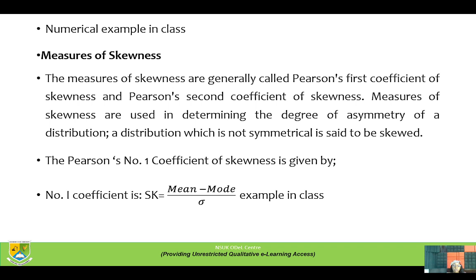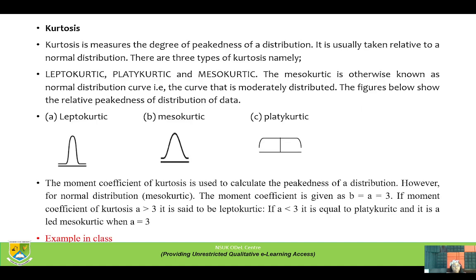A distribution which is not symmetrical is said to be skewed. Pearson's first coefficient of skewness is given by Sk equals mean minus mode divided by sigma. We'll consider numerical examples much later.